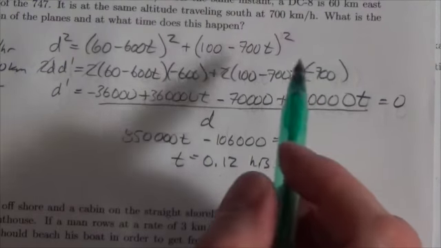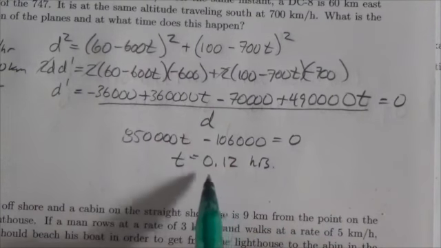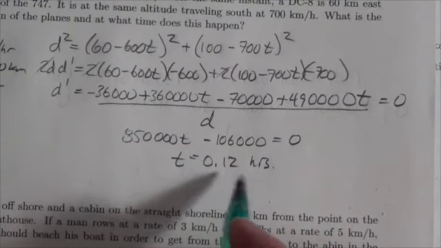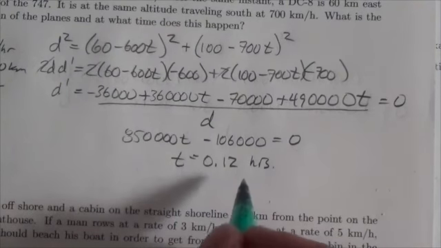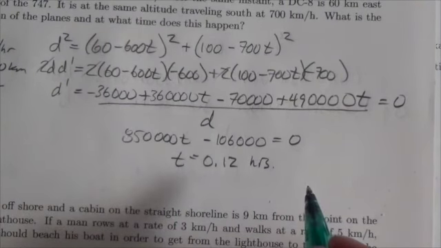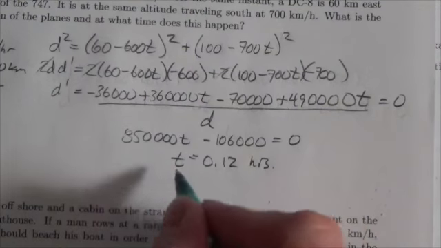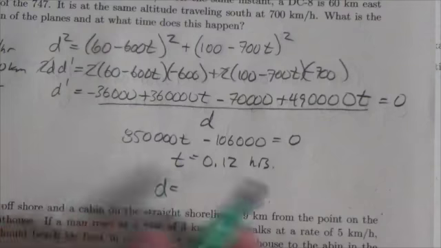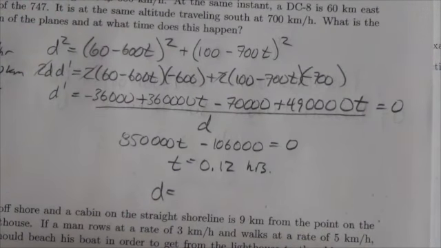So the question is asking for what is the minimum separation of the planes, and what is the time at which this occurs. Well, it's going to occur at 0.12 hours after 9 o'clock. Now I'll deal with that in a second. What I'm going to do first of all is take that number and determine the minimum separation by going back up to the original expression and plugging that in.